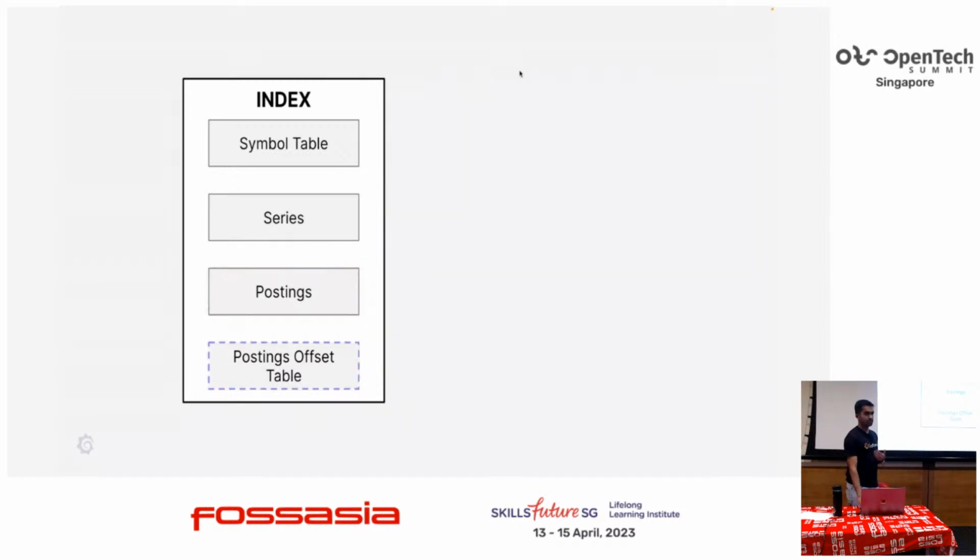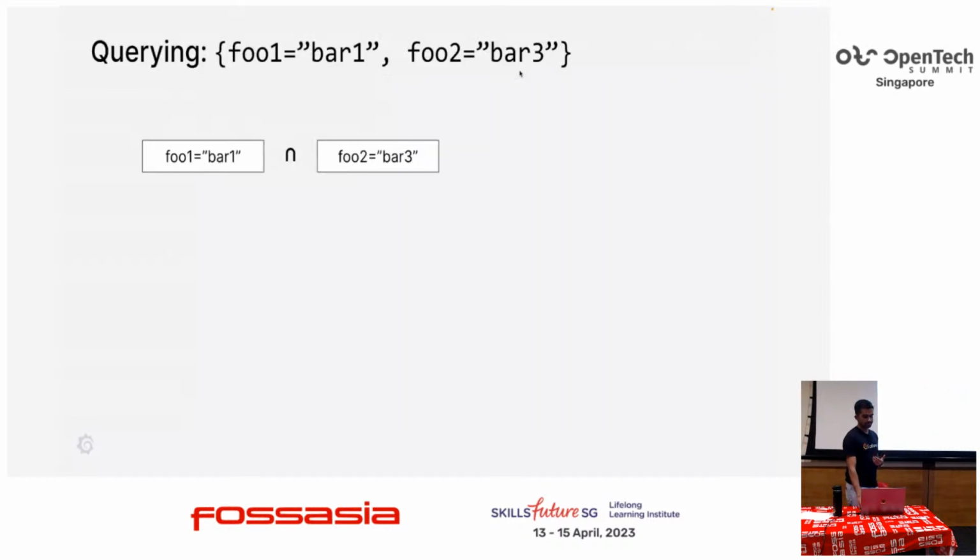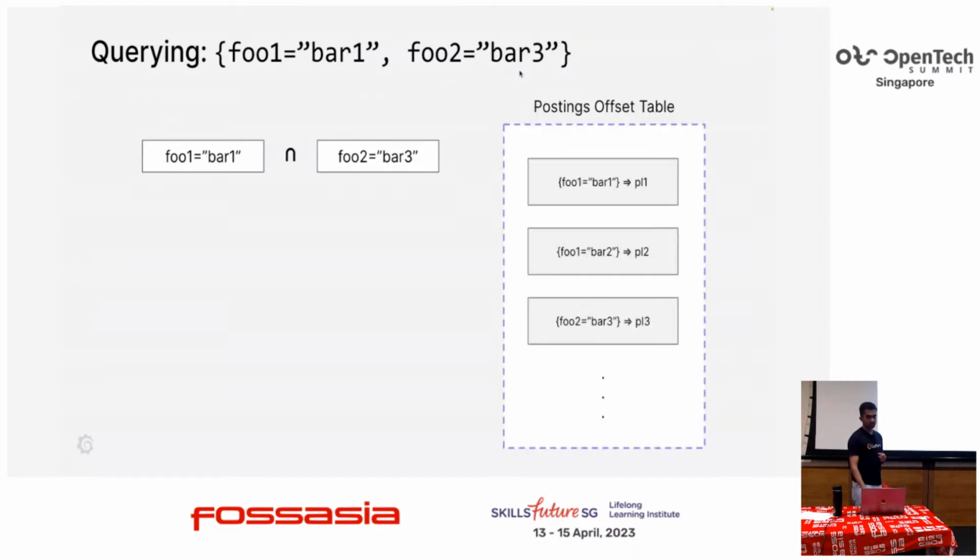So now we will see how we use the index to query. So let's say now I want to query in Prometheus fashion. This should fetch series that have both the labels foo1 equals bar1 and foo2 equals bar3. So we take one matcher at a time. We look at foo1 equals bar1 and foo2 equals bar3 against the posting offset table. Now we know it matches a particular set of posting lists, and we have the reference where the posting list exists.